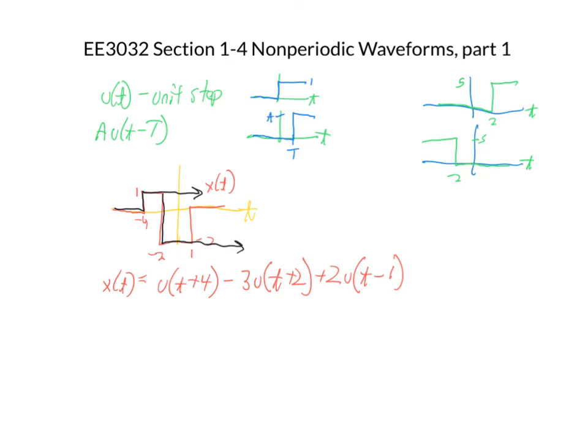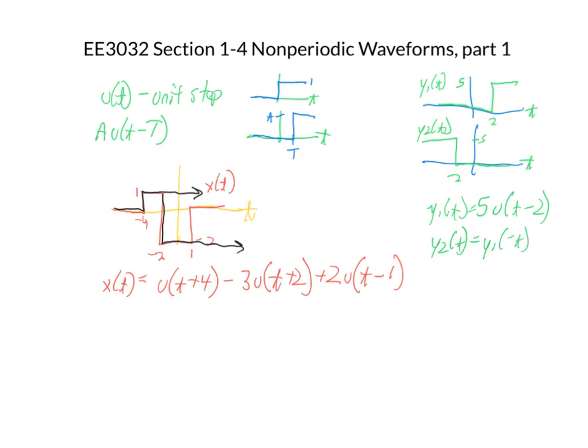So in the top graph here, let's call this y1 of t, and the bottom graph y2 of t. y1 of t is going to be 5 times the unit step delayed to 2 seconds. Now, we can see by looking at the two graphs that y2 of t is y1 of negative t.